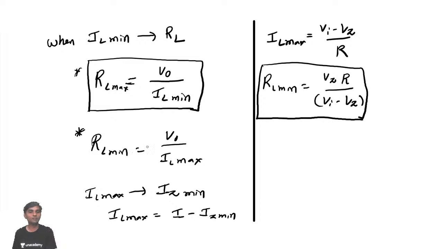RL minimum is V naught by IL maximum, so what you are doing is simply substituting here. You substitute IL maximum here. What is IL maximum? IL maximum is VI minus VZ by R. Simply you will get that.